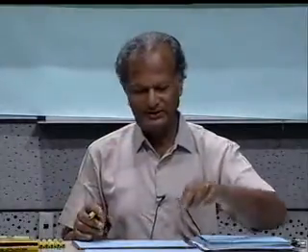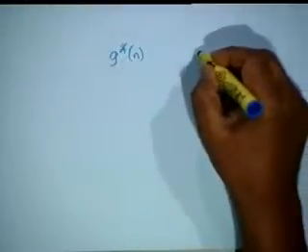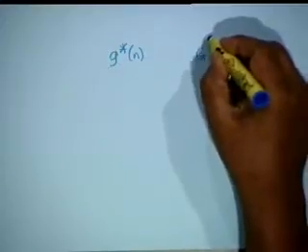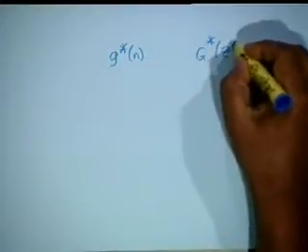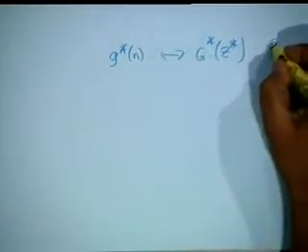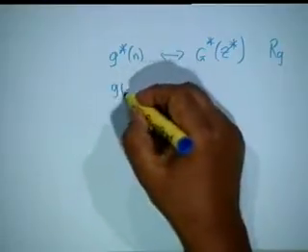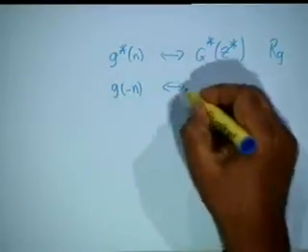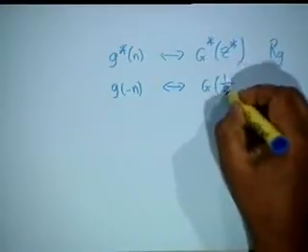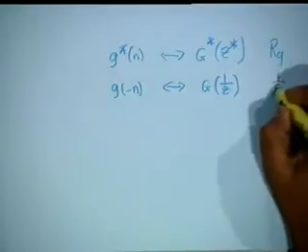And then we talked about the transforms of several variations, several modifications of g. Firstly, g star of n, the transform was capital G star of Z star. Okay. Then the region of convergence is the same as that of Rg, because mod Z star is the same as mod Z. Then g of minus n was G of 1 by Z, and the region of convergence is 1 over Rg.